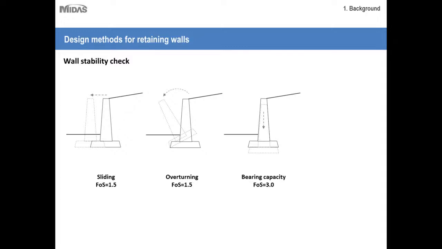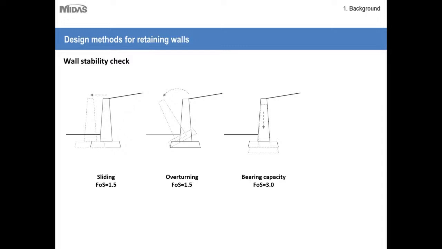Then we have a bearing capacity check. If you are dealing with soil strata where there are excessive volume changes, or it can consolidate further, or there is not proper access to drainage, then at those locations you can expect some kind of settlement occurring under the foundation of the wall.